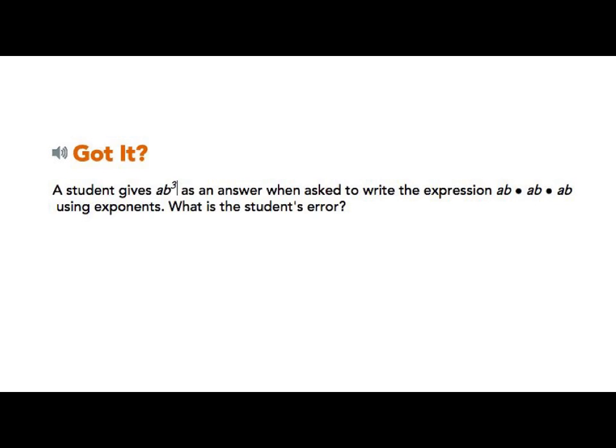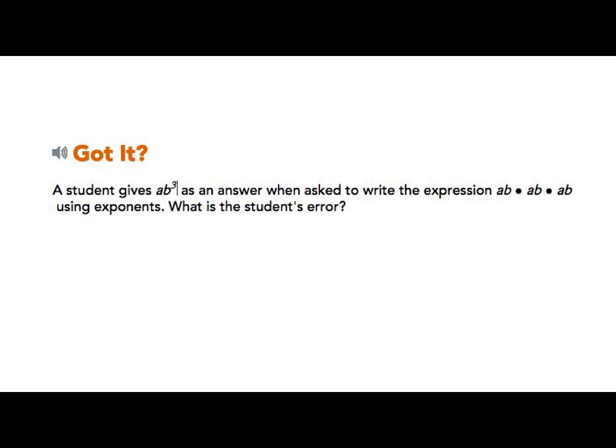The exponent is only sitting on the B, is only attached to the B. It has nothing to do with this A. If the A was also to the third power, then there would be an exponent 3 there as well, but there's not. So the mistake they made was writing it as AB to the third power is literally A times B to the third power.